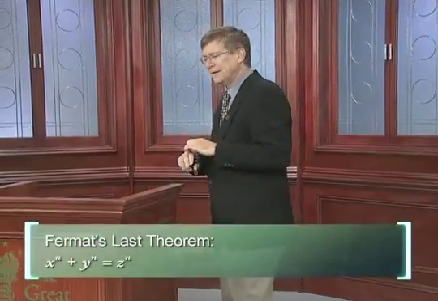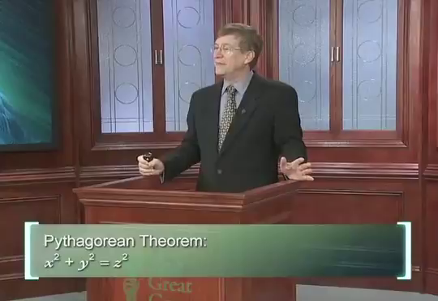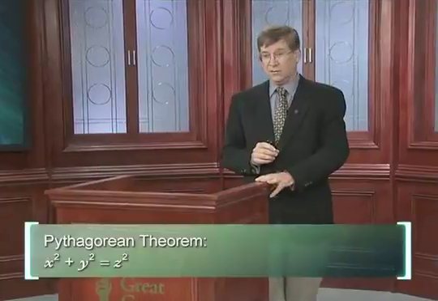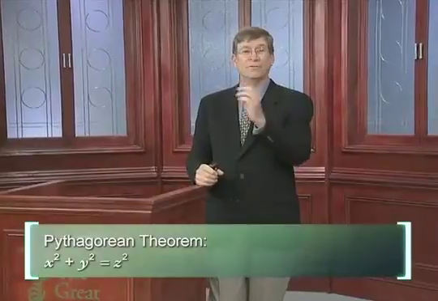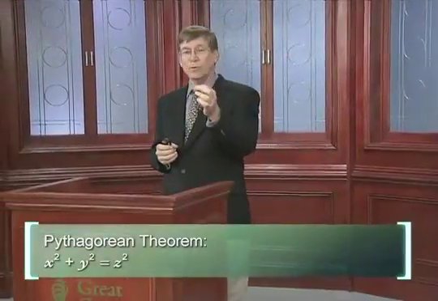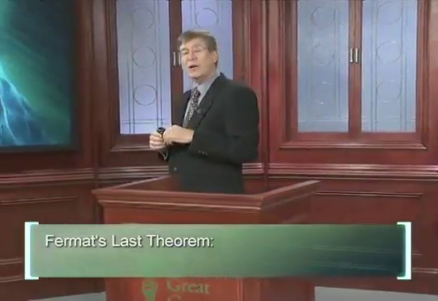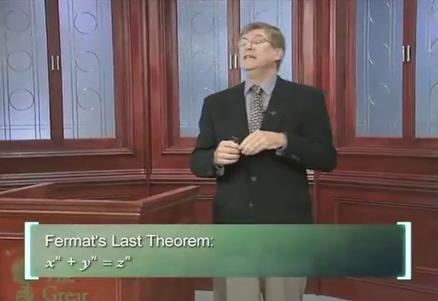One very interesting area is number theory, and maybe you've heard of the theorem called Fermat's last theorem. Let me pause here and tell you very quickly about this theorem. You remember the Pythagorean theorem, x squared plus y squared equals z squared, is satisfied by right triangles, x and y being the legs and z being the hypotenuse, like a 3, 4, 5 right triangle. 3 squared plus 4 squared equals 5 squared. Well, Fermat said, suppose you change the exponent 2 to a 3, or a 4, or a 5, or any integer.